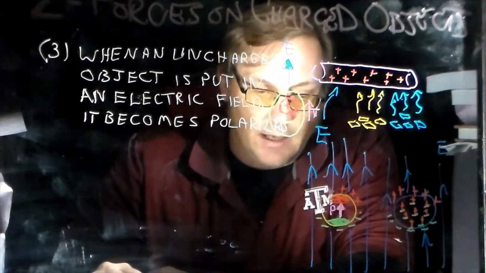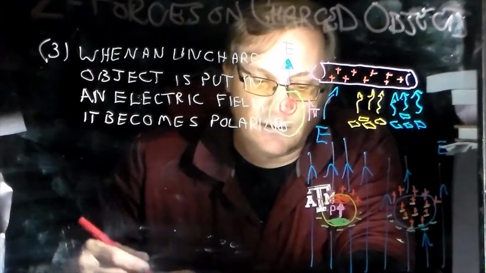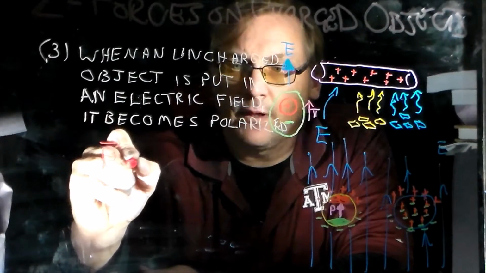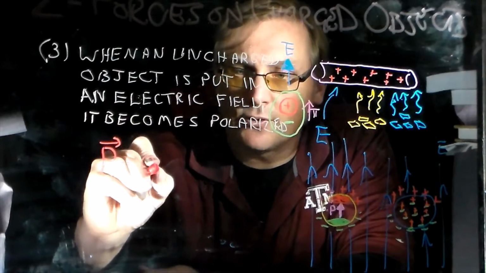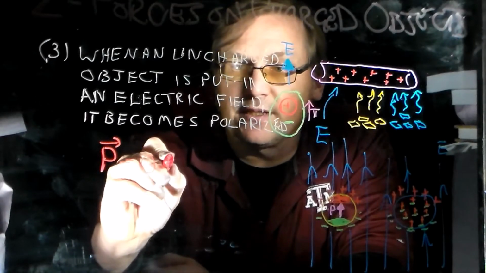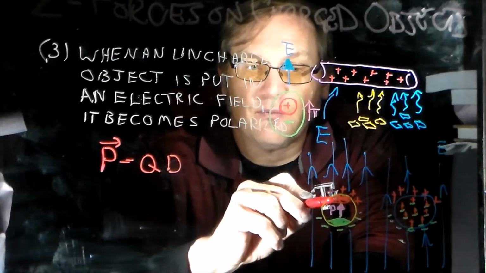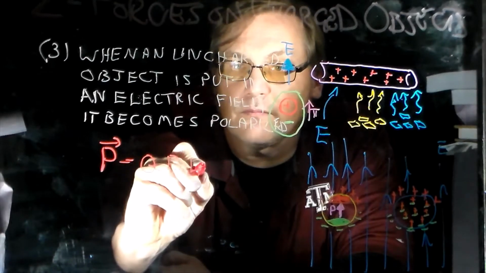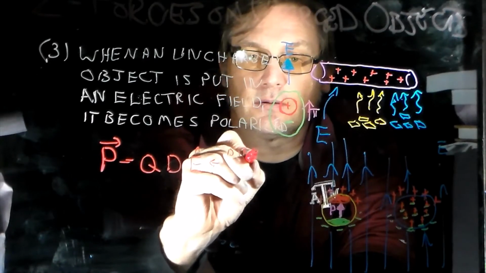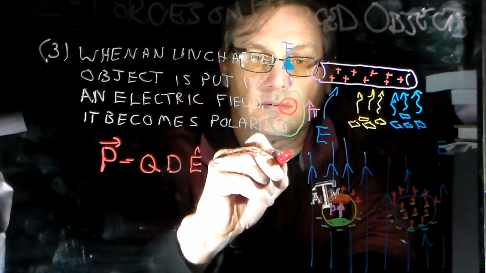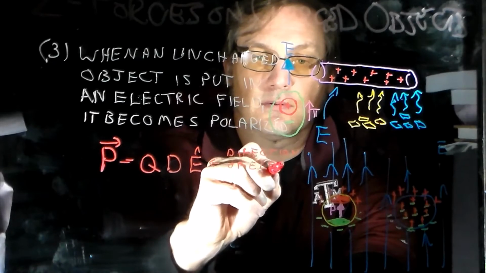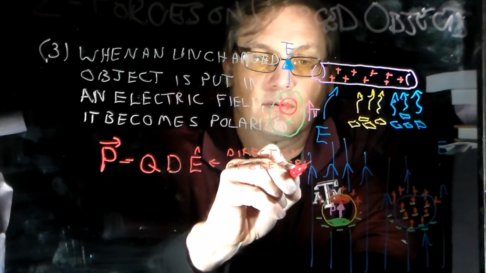Okay, and basically what that means is you end up with a polarization P, which is going to be equal to the charge accumulated at the top, Q, times the distance from the top to the bottom in the direction of the electric field.